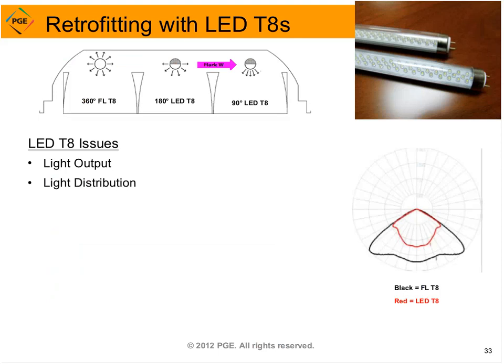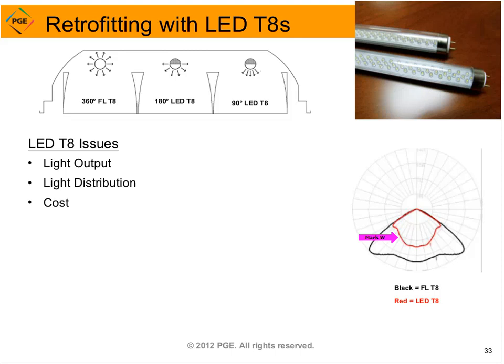So this is going to affect the light distribution. It improves the efficiency, but the distribution changes. This black line illustrates the distribution of the fluorescent T8, where the lower light output and the different light output pattern is illustrated by this red line.